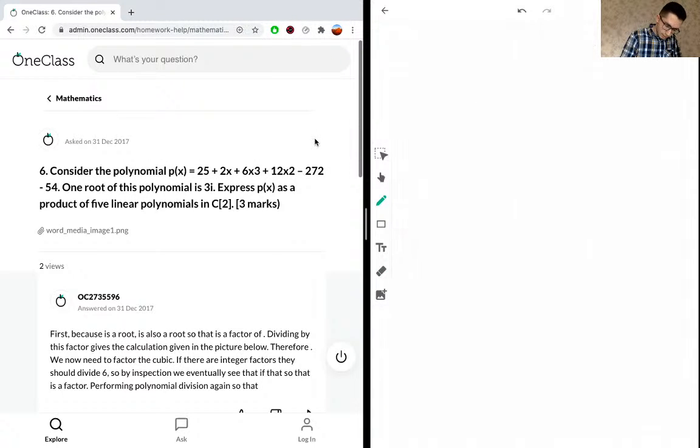And essentially we want to do long division of the following. So we're going to divide x squared plus 9 into the initial polynomial, because we know we can divide this into the polynomial and get no remainder.